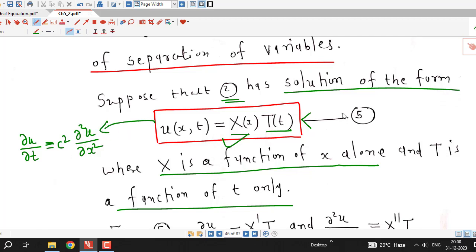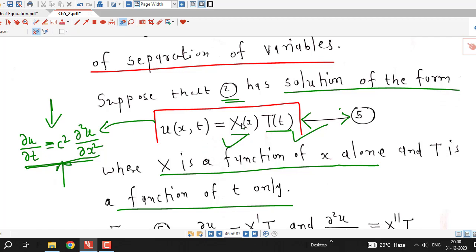Therefore this equation number 5 must satisfy this heat equation. That means if we find out del u by del t from this and del square u by del x square from this equation, then we can substitute here because 5 is the solution of this equation.